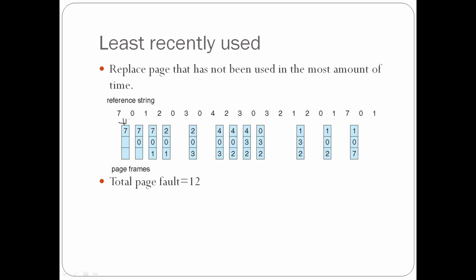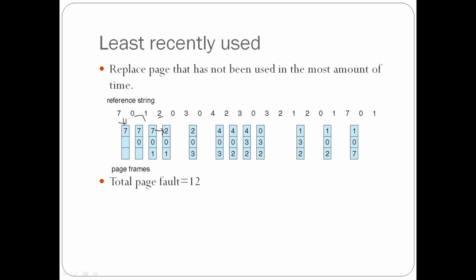So 3 frames are already filled. Then the next one is 2. 2 means out of 7, 0, 1, which has not been used for the longest period of time. 1 is used here and 0 is used here, so only 7 has not been used for the longest period of time.